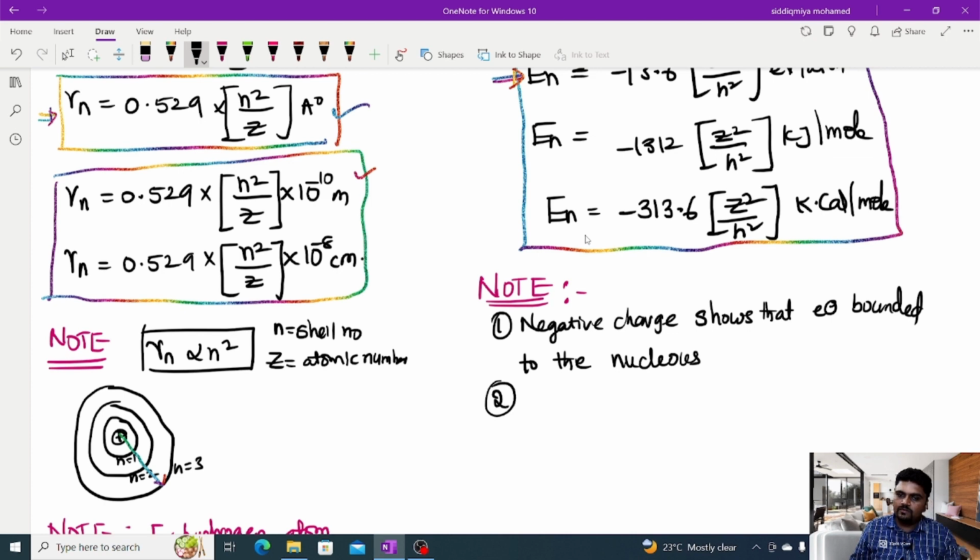If you observe, the greater the value of negative energy, the more strongly the electron is bound to the nucleus.